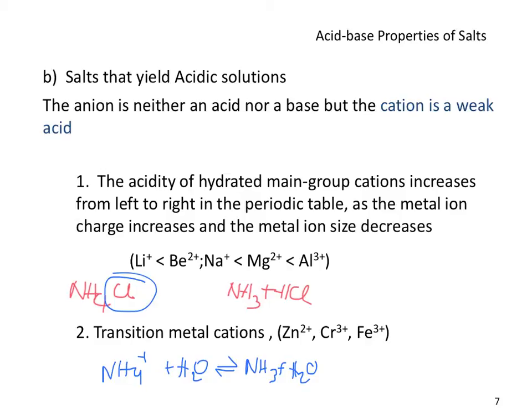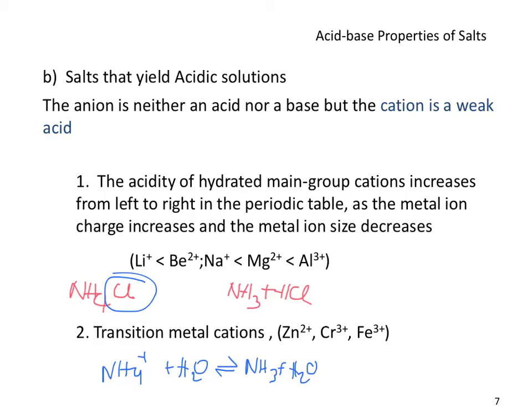And so, just like we were talking about earlier with the case of HF, the fluoride, the F negative, was going through a hydrolysis process, and it's the differences in the bond energies which ultimately drive a reaction such as this. And so here you can say that the OH bond in the hydronium is going to be stronger than the NH bond in ammonium, and hence it must be broken.